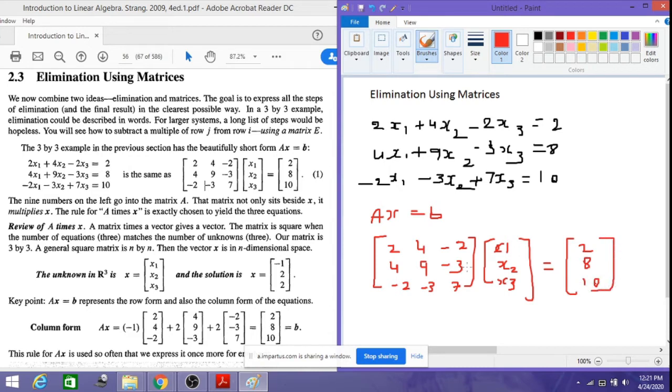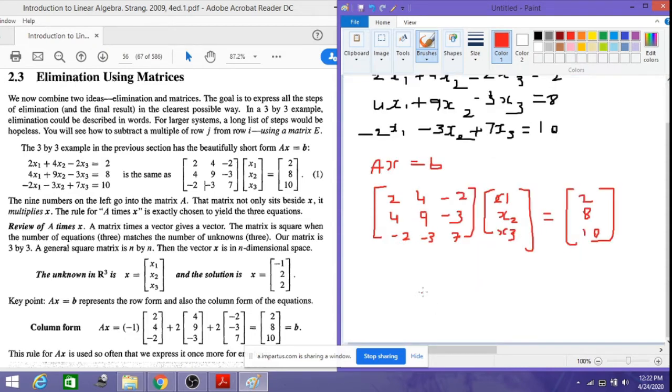So this is how we used to represent this in matrix form. Generally, this is our 3x3 matrix and we have 3 unknowns. Likewise, generally for n equations the coefficients are represented by an n cross n matrix, and there will be a vector in n-dimensional space. Remember, n-dimensional space is represented by R^n, but here since it is 3x3, we'll write this as R^3.